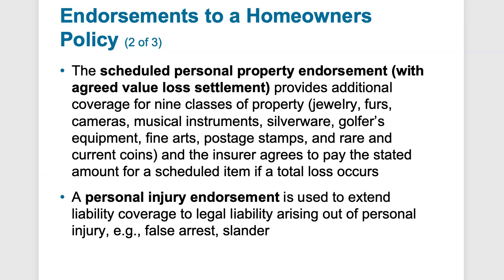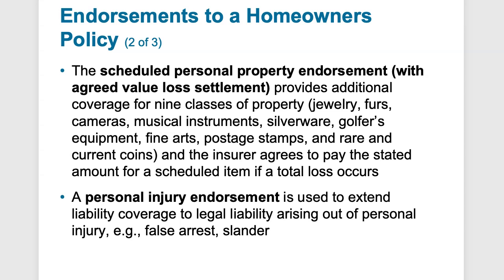So the homeowner's policy covers only legal liabilities arising from or out of bodily injury and property damage to someone else. So personal injury coverage, which should not be confused with bodily injury coverage, can be added to the homeowner's policy.